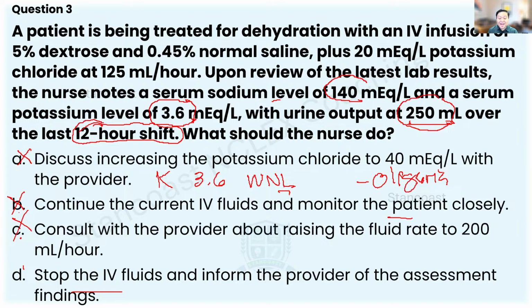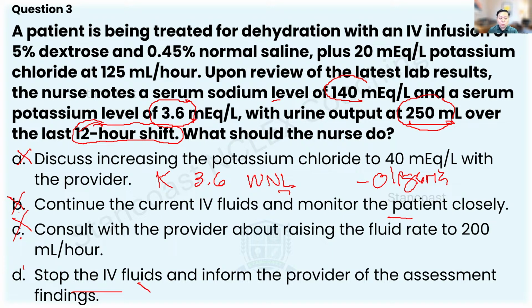Given that they have oliguria, and of course, with the potassium that they are getting, they already are normal, right? 3.6. So our next step here is to make sure we discontinue this IV fluid, and you inform the medical provider right away that their urine output has been really low for the 12 hours.